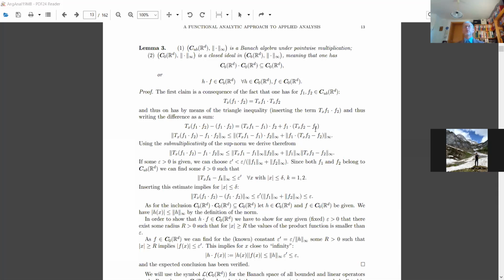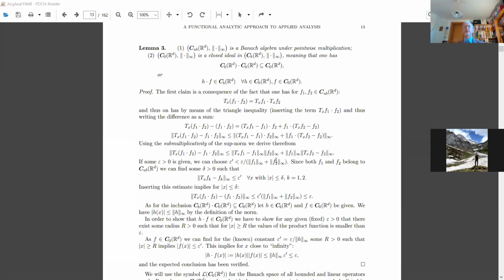Now, we have seen that the triangle inequality allows you to split the sup norm into 2 pieces. And the next step is where it says submultiplicativity. You can pull out one factor in this distributive term, and you get this.